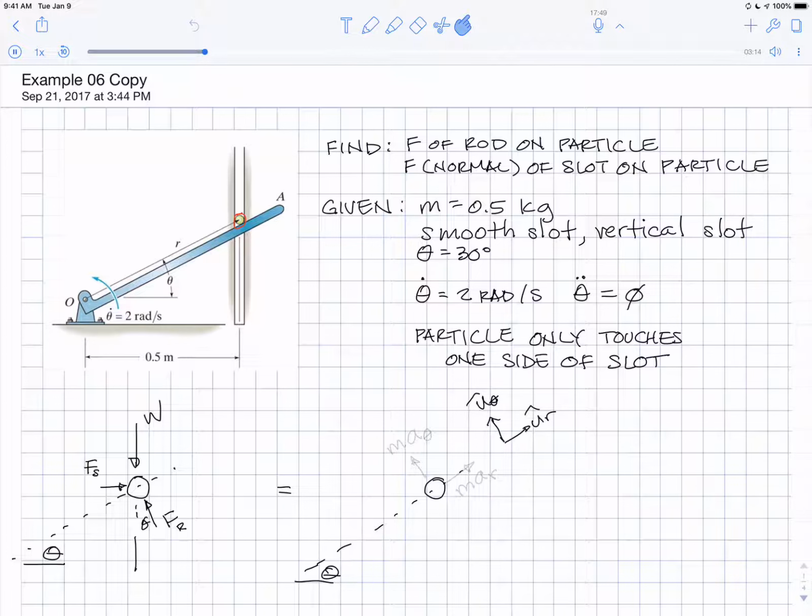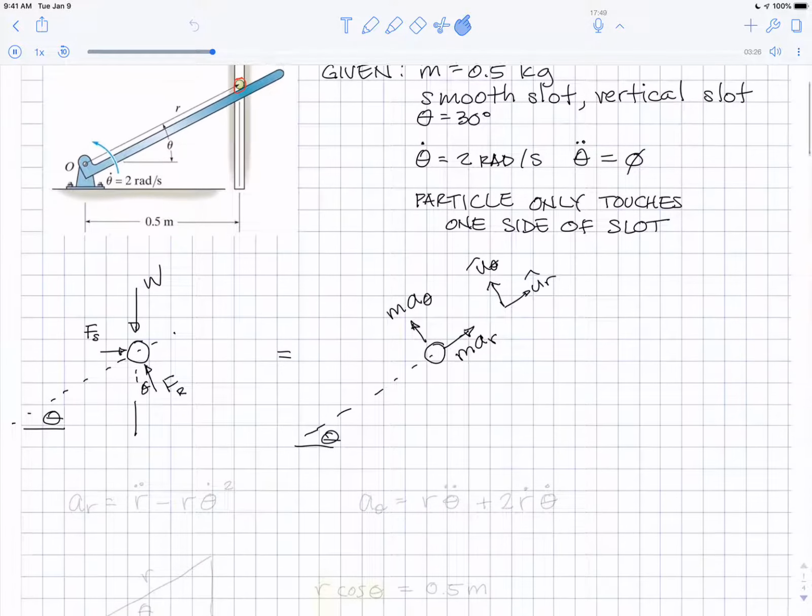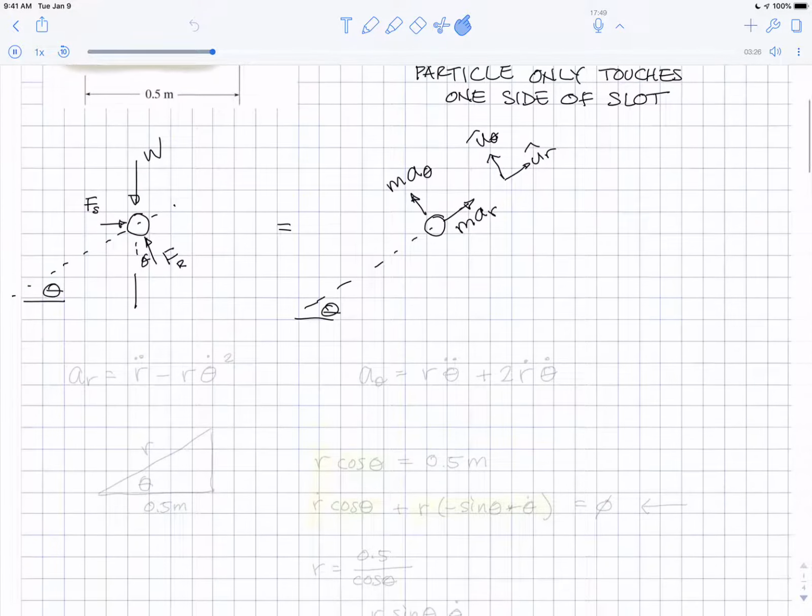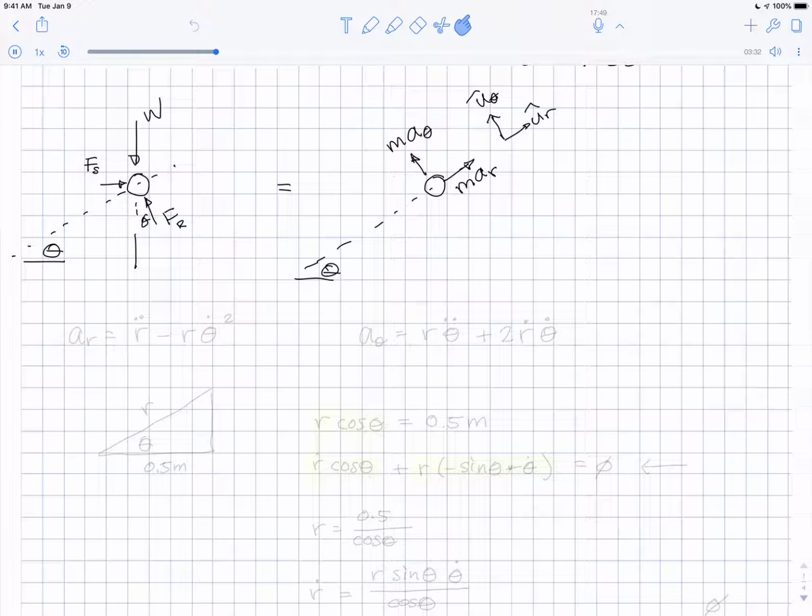So that means we have mass times a in the radial and mass times a in the theta. Okay, so they want to know what the force of the slot and the force of the rod are. We should be able to solve that if we knew what the accelerations were.